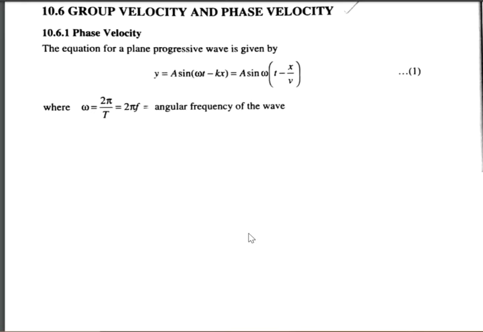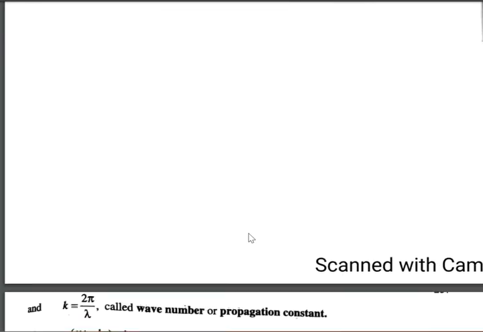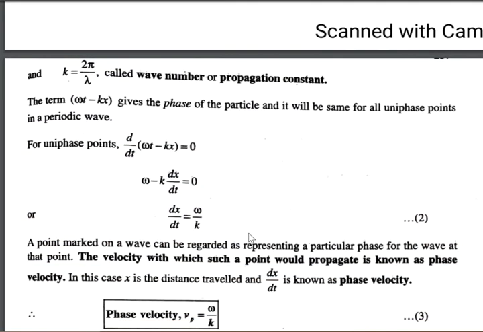If you take out omega as a common factor, you will get a sin omega into (t minus x into k by omega). But k by omega is 1 over v. Therefore, we get a sin omega into (t minus x by v), where k is the wave number or propagation constant.